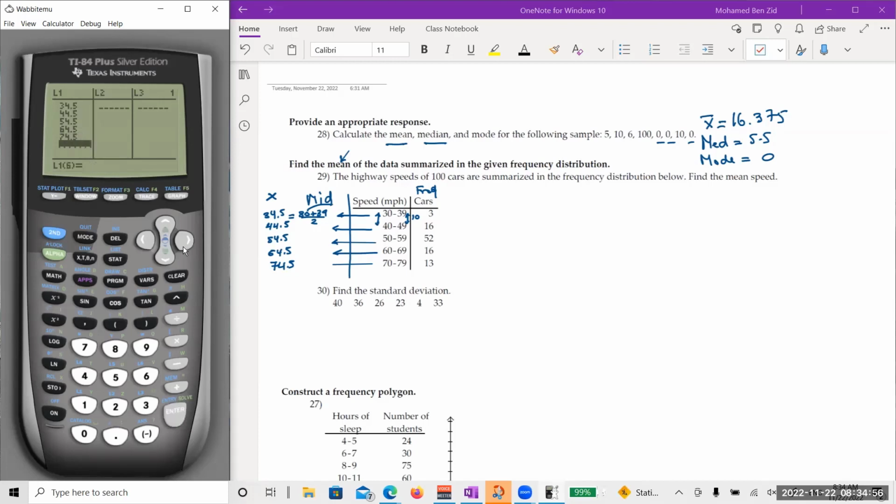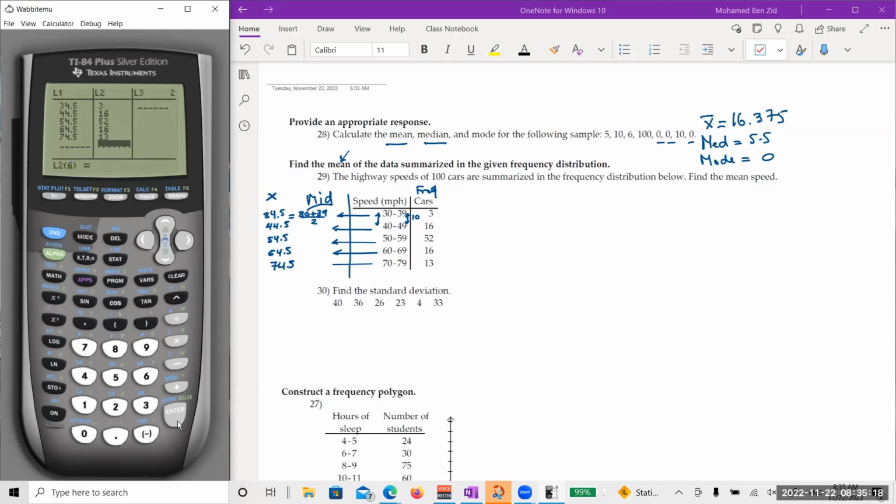So that's the first column. The second one is going to be the frequencies: 3, 16, 52, 16, 13. And that's all the numbers.